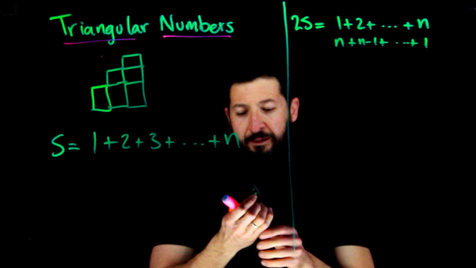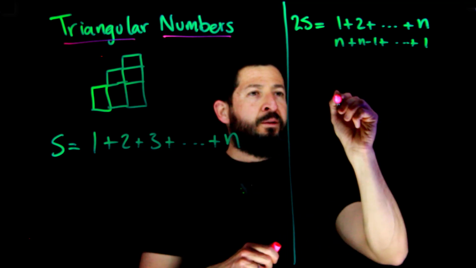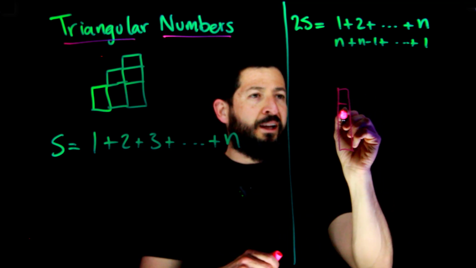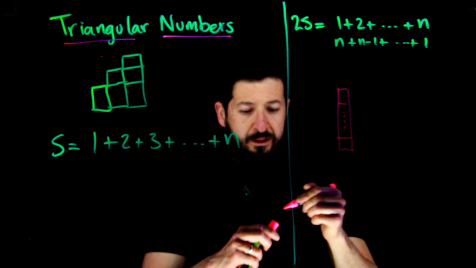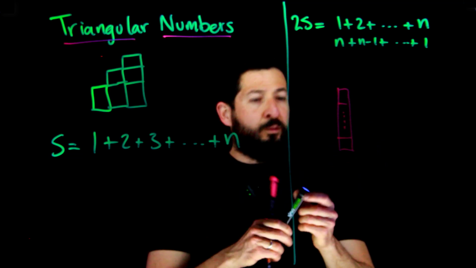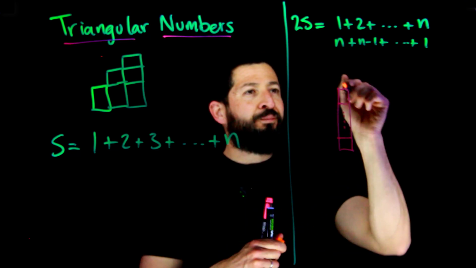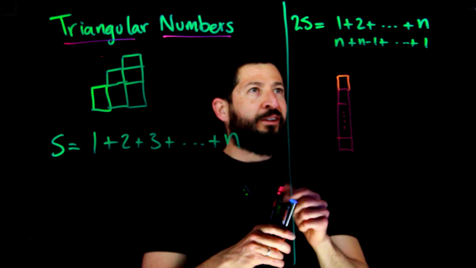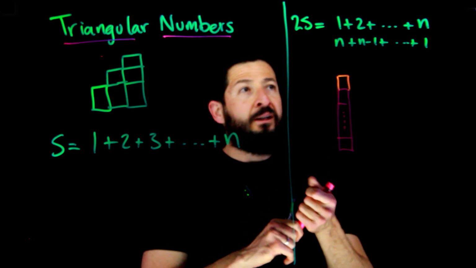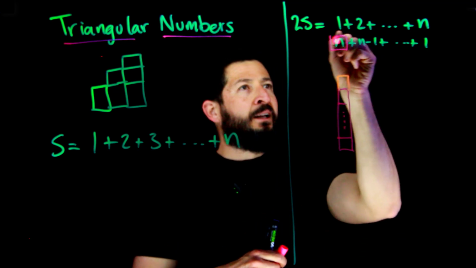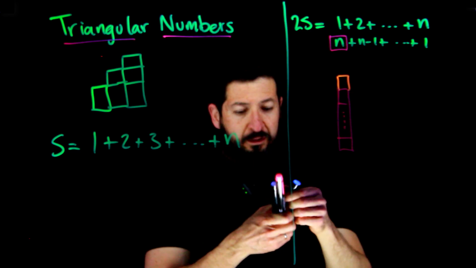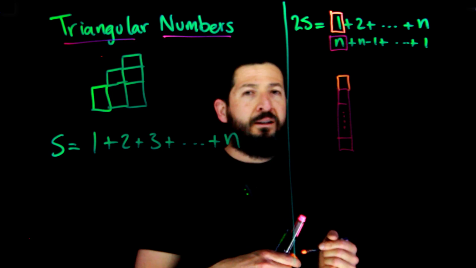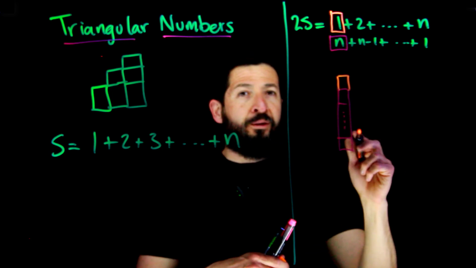What would that look like? Well, that would give me n. Let's say there's n many of them here. And then I'm going to have plus 1 more. There's going to be n plus 1 blocks there. So I'm doing the n in red or pink and the 1 this way with orange.